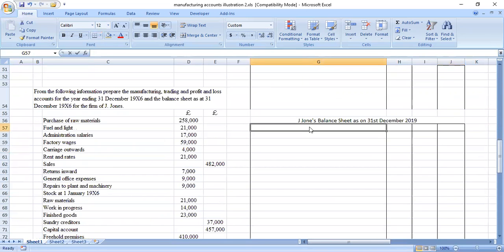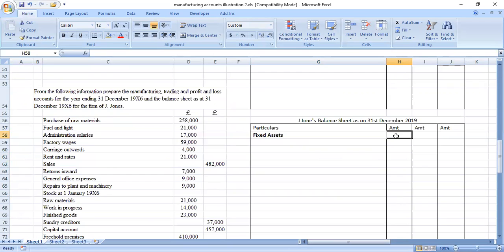So here you have the particulars, the amount. So you begin with the fixed assets. The balance sheet si ati ni kitu mpya kwako, si ndio? Yeah, so on one side we have the assets, on the other side we have the liabilities and capital. So we begin with the assets, and in the assets we begin with the fixed assets.